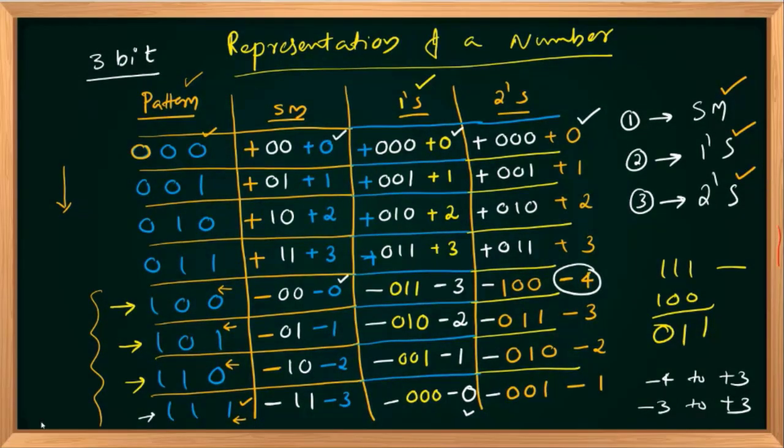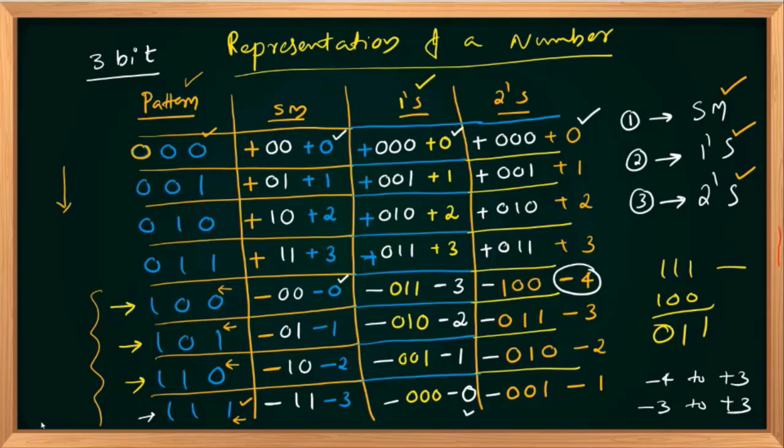One bit is dedicated for the sign, and that bit is the most significant bit, MSB. If MSB equals 0, the number is positive. The remaining n minus 1 digits will decide its magnitude. Similarly, if MSB is equal to 1, the number is negative, and the remaining n minus 1 digits will decide its magnitude.